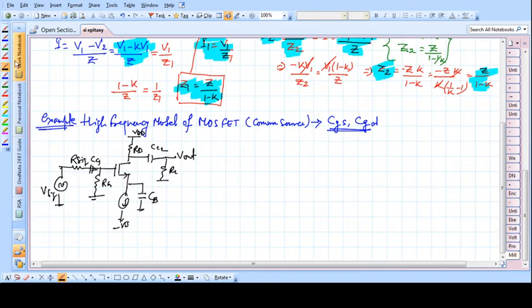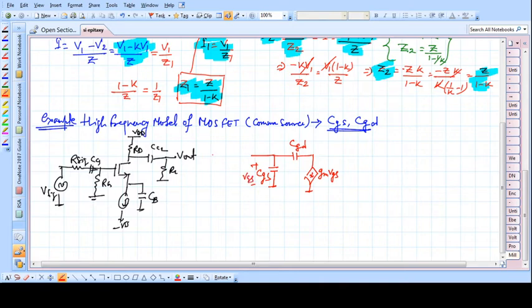Now for this common source, if we go for the high frequency model, what we have to do is make the capacitance across the gate to source CGS, CGD, and here GM VGS, this voltage say VGS.